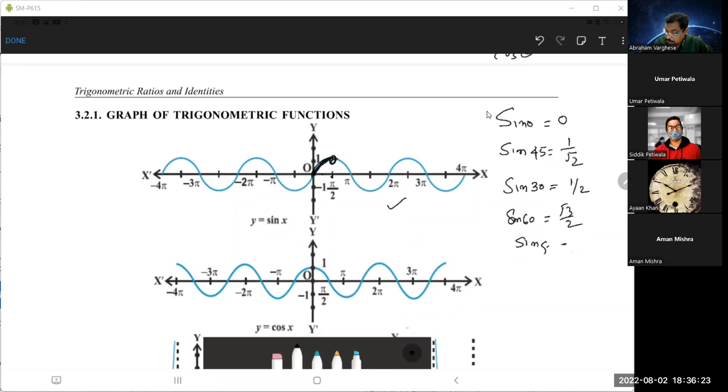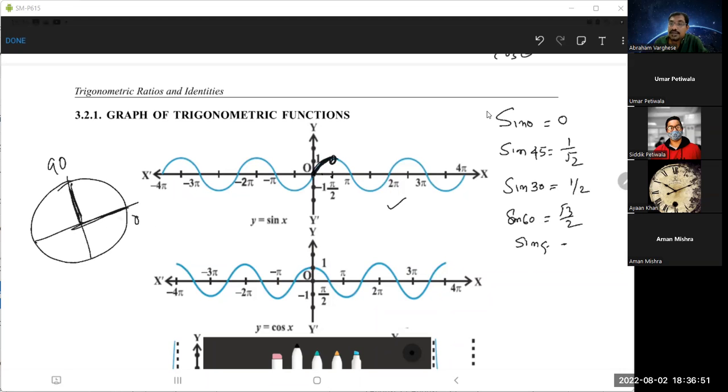30 degrees means we have pi by 6, and pi by 4, pi by 3. So slowly it moves. When the angle changes from 0 to 90 degrees, the sine graph increases from 0 to 1. That is one observation. If you draw a circle like this, this is 0 degrees and this is 90 degrees, right?